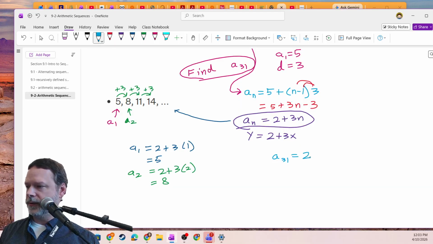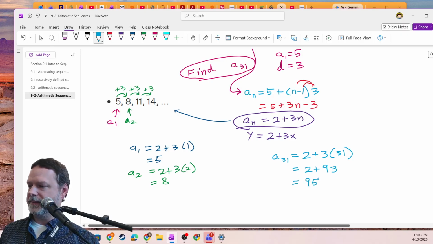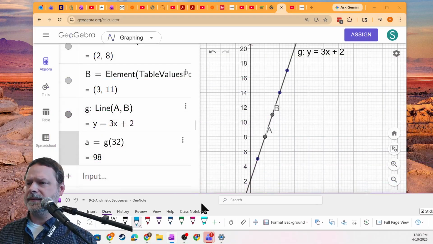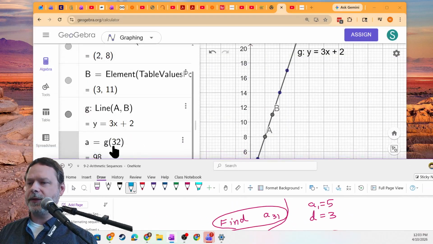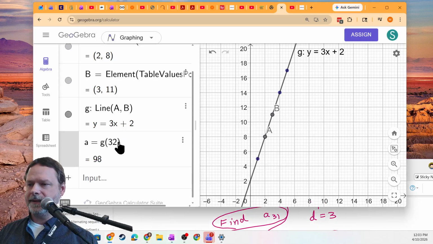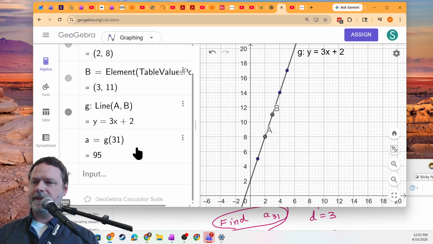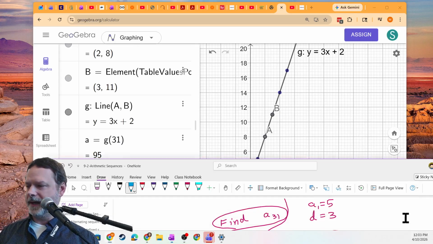It's going to be 2 plus 3 times 31. That's 2 plus 3 times 31 is 93, which is going to be 95. Is that what I got? Oh, I typed in 32. Whoops. So make sure when you check it right. Bam. 95. Okay. There you go.